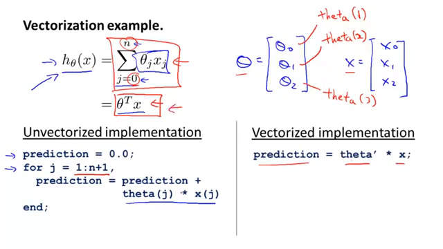Instead of writing all these lines of code with a for loop, you just have one line of code, and what this line of code on the right will do is use Octave's highly optimized numerical linear algebra routines to compute this inner product between the two vectors, theta and x. Not only is the vectorized implementation simpler, it will also run much more efficiently.